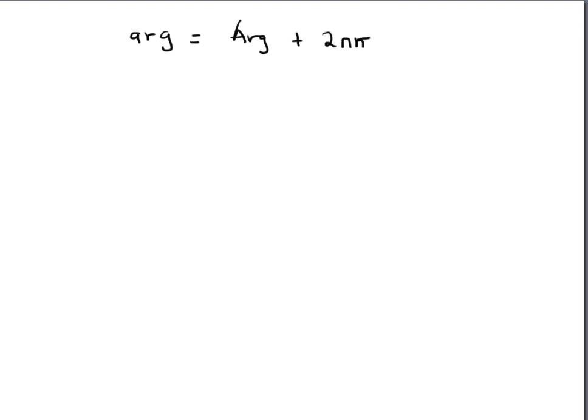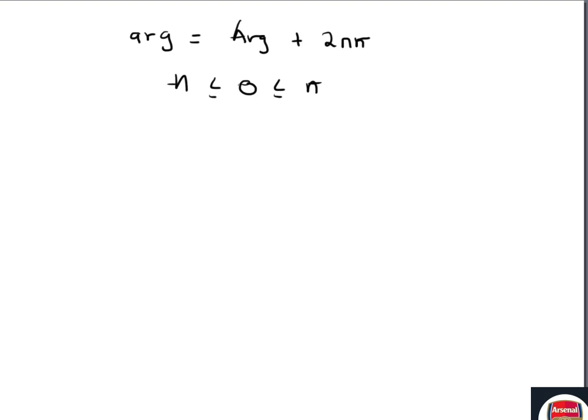The argument is actually the angle that you solve for when you are given any question. And the principal argument is the angle that falls within this interval: negative π less than θ less than or equal to π. Once your angle falls in that interval, then you have a principal argument.